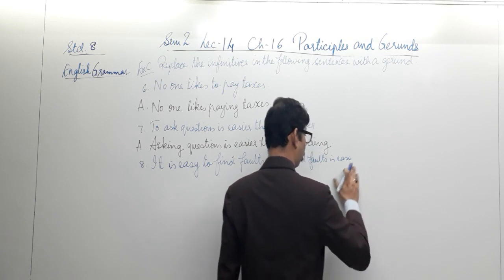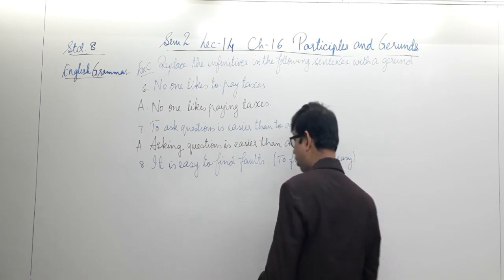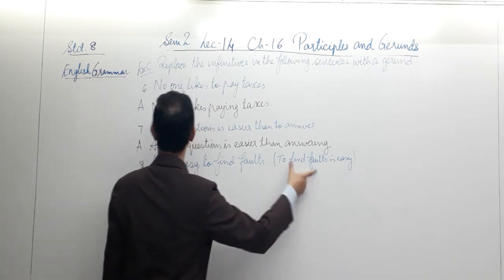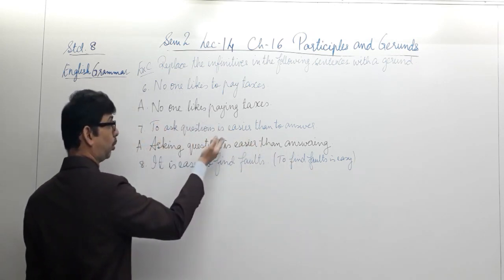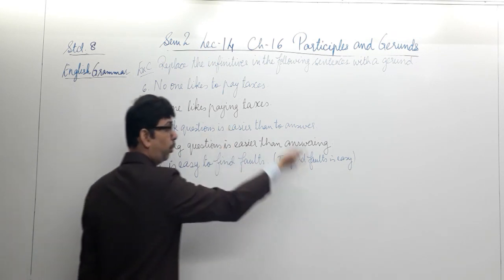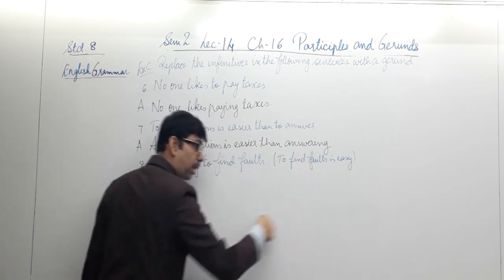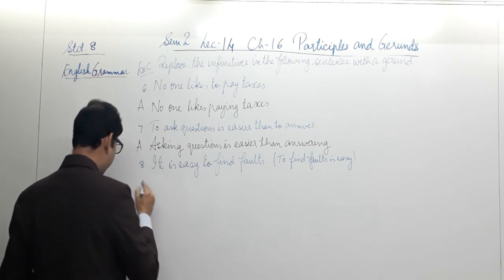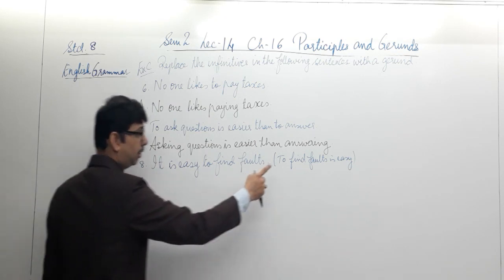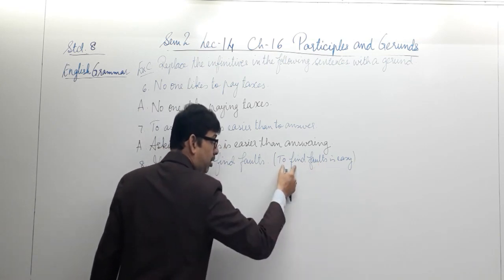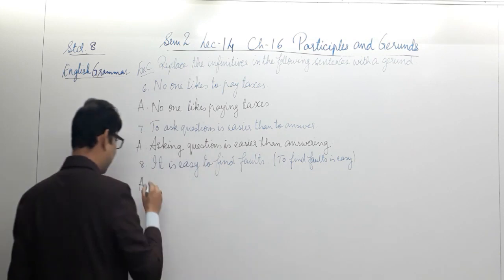So I hope you got this clear. I have just changed the introductory it into the infinitive part, just like we have to ask questions is easier than to answer. So I have changed the introductory it into its infinitive form first before replacing it with the gerund. Now I will be replacing to find faults is easy by changing to find into finding.